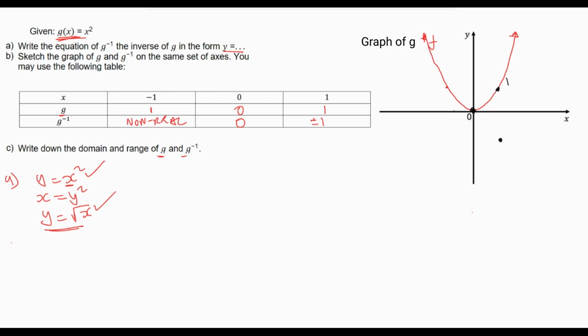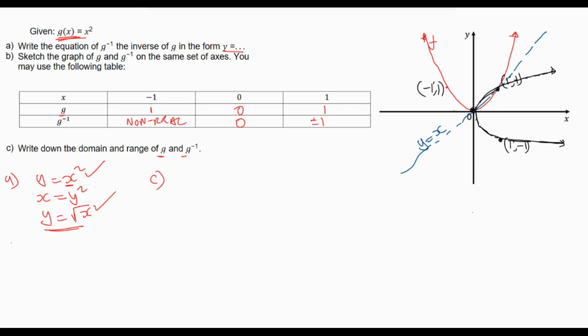So this is like 1, 1. Then this one is like 1, negative 1. Okay, these are the coordinates. Then we can sketch the graph of the inverse of g. And this is a reflection about the line y is equal to x.